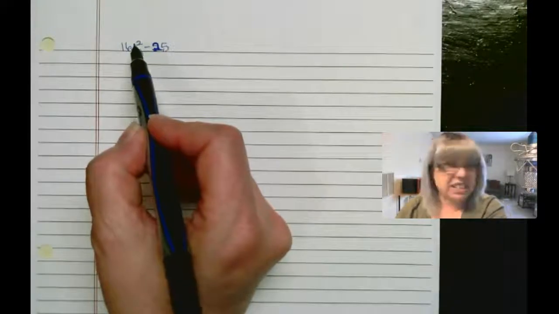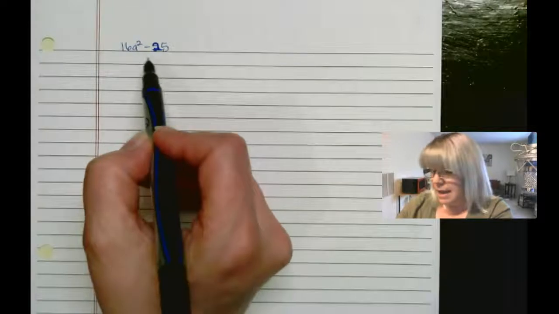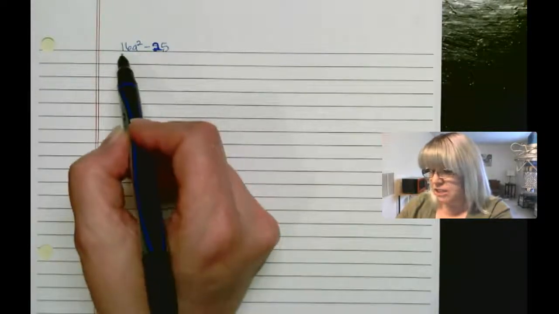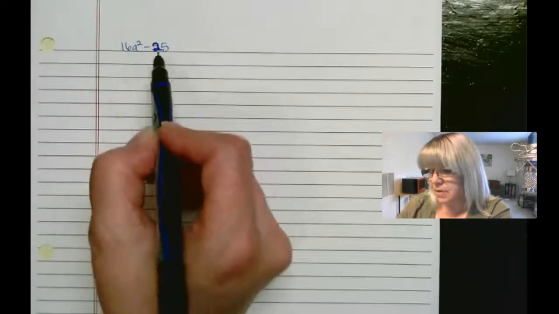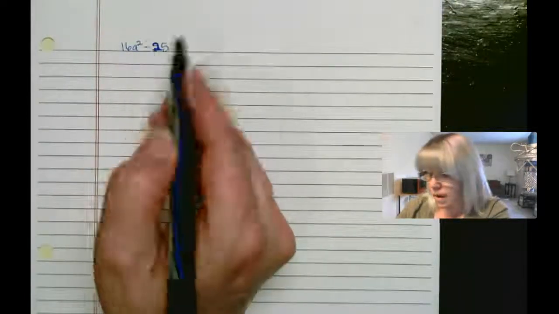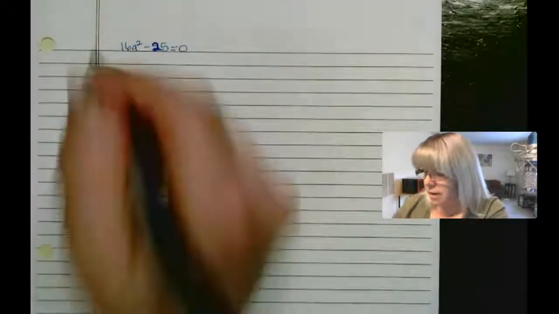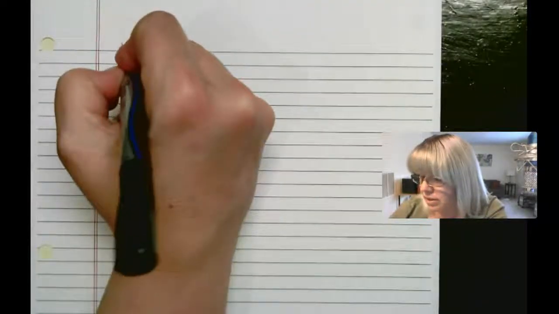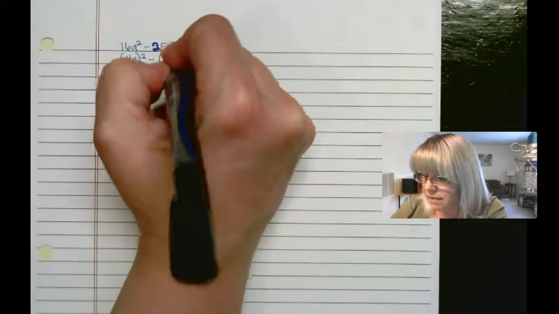Well, the first term is squared, so it's not a difference of cubes or sum of cubes. And it is a difference, so I just have to check to see if these numbers are perfect squares. 16 is a perfect square, 25 is a perfect square. The expression equals 0. Therefore, I can rewrite this as (4a) squared minus 5 squared.